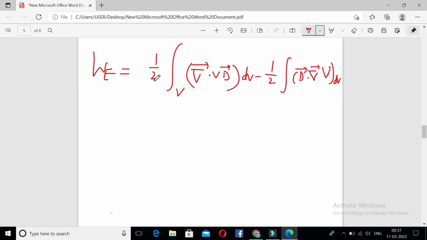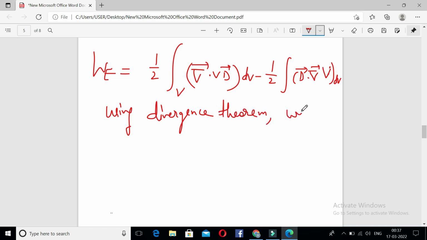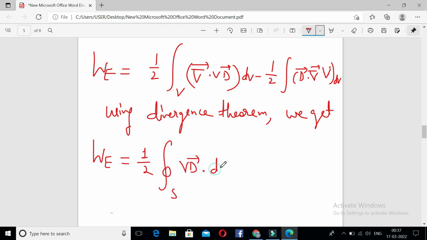Now, by applying the divergence theorem, we get W equal to 1 by 2 closed surface integral of VD dot dS, because the divergence theorem converts a closed surface integral into a volume integral.